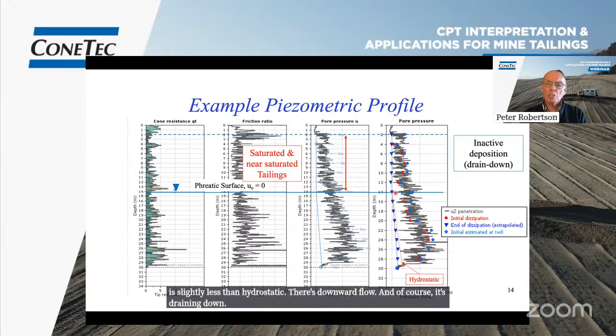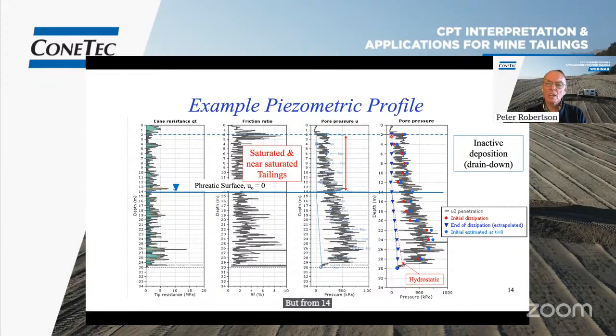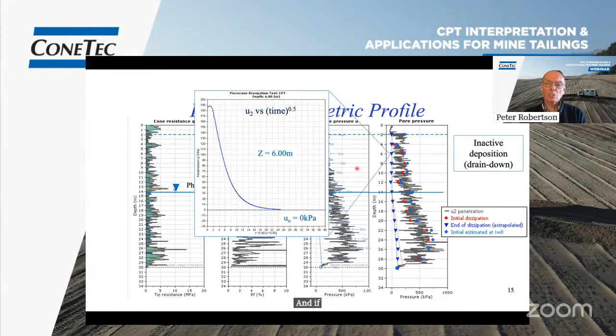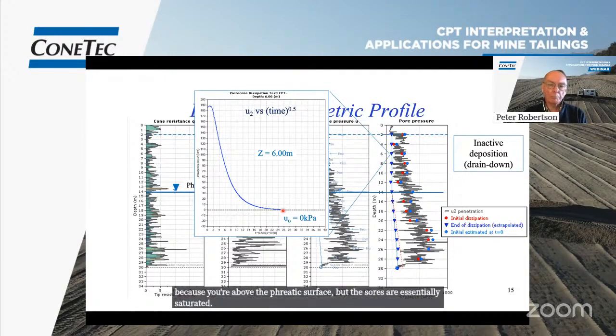But from 14 meters up to 2 meters, you can see that there's large excess penetration pore pressures. And if I actually show an example dissipation, you can see large excess pore pressures of up around 200 kPa that then dissipate relatively rapidly down to zero, because you're above the phreatic surface, but the soils are essentially saturated. So when you push the cone in, the soil is essentially close to saturated.